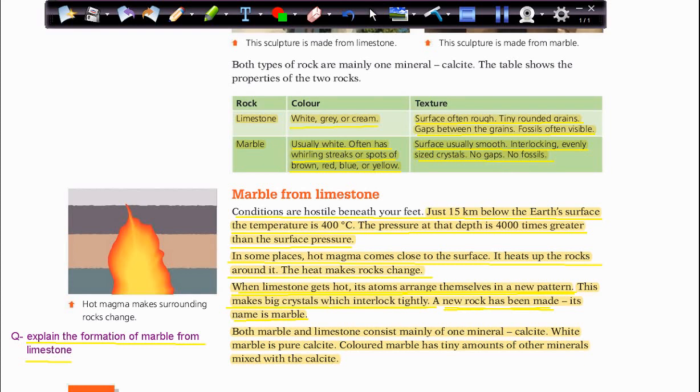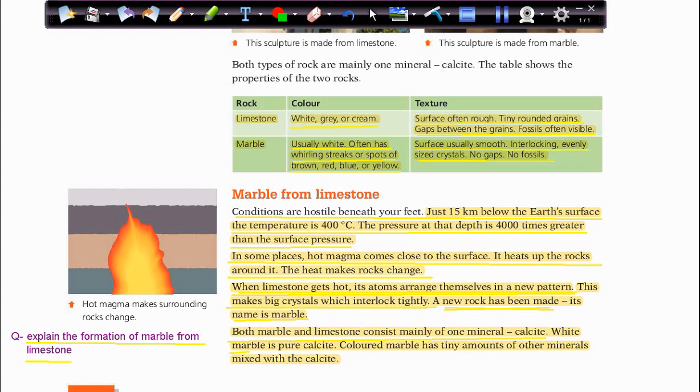So this is the marble. Both marble and limestone consist mainly of one mineral, which is calcite. This is important. If I ask you what's the mineral that marble and limestone consist of, you will say calcite.